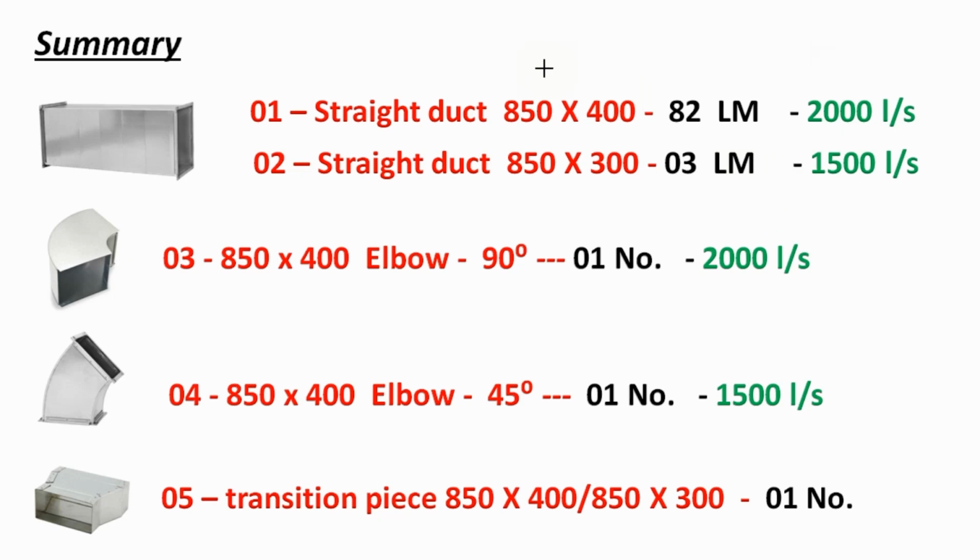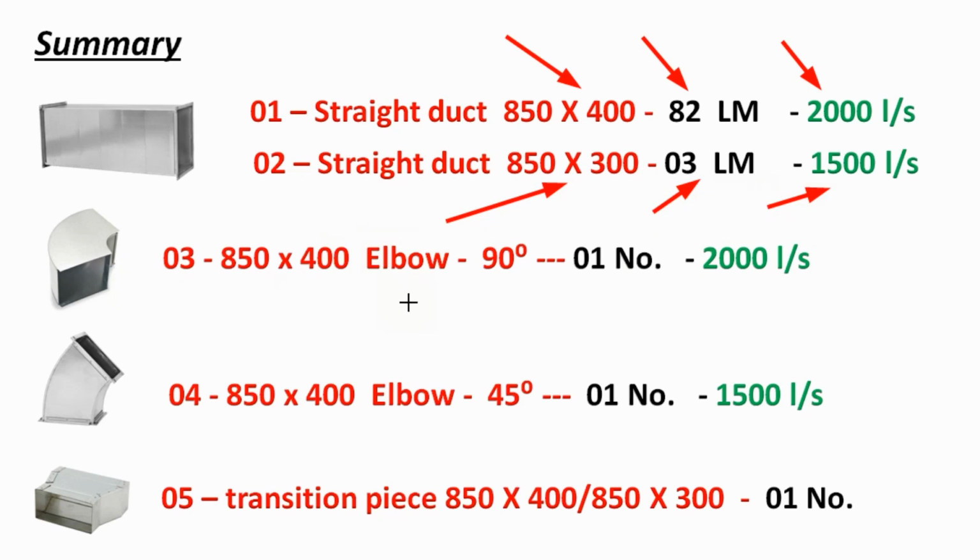We have a straight duct of size 850 by 400 mm, length 82 linear meters, and airflow in this duct is 2000 liter per second. Then after the transition, the duct size becomes 850 by 300 mm, its length is 3 linear meters, and airflow reduces to 1500 liter per second.